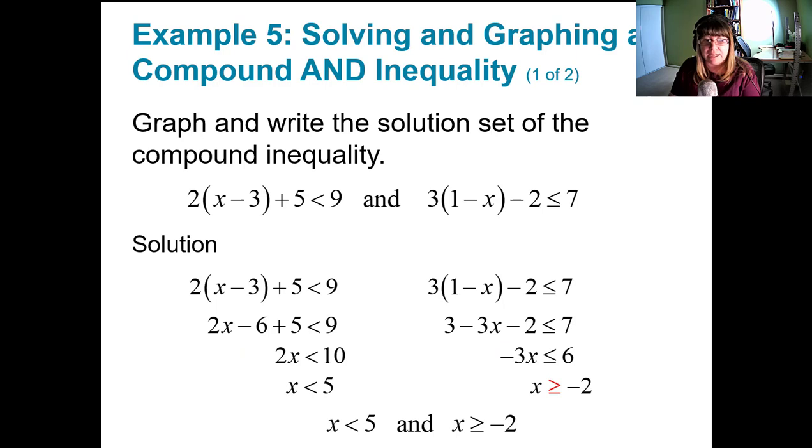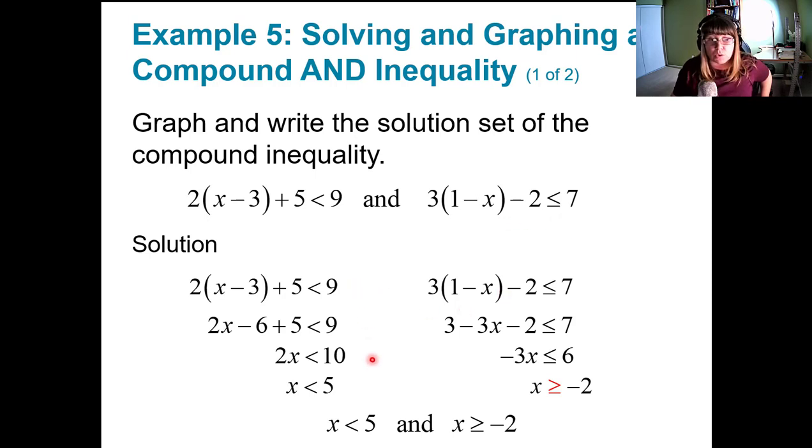Now let's look at an AND statement. I'm not going to run through this step by step because I think solving it, you probably get an idea of what's going on here, but I'll walk through it very quickly. So we have two inequalities compounded with the word AND. 2 times x minus 3 plus 5 is less than 9, and 3 times 1 minus x minus 2 is less than or equal to 7.